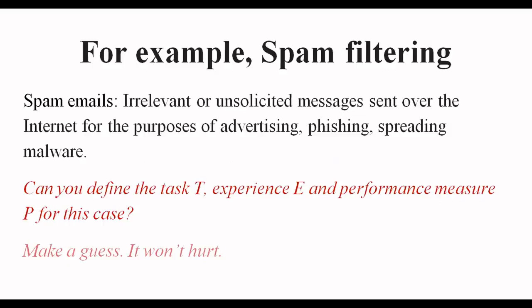So here I want to classify my mailbox, whether a received email is spam or not spam. Make a guess: can you define what the task is here, what the experience is here, and what can be the performance measure for this classical example? Give it a try. Try to give the answer in the chat box.